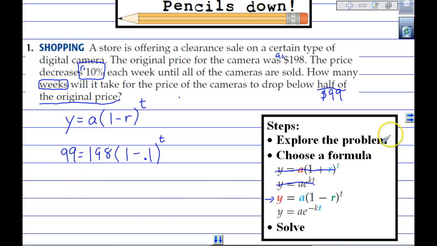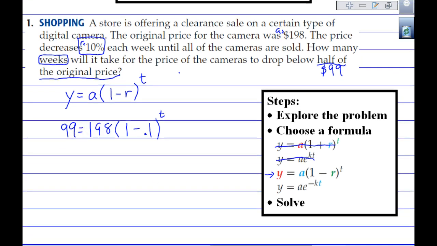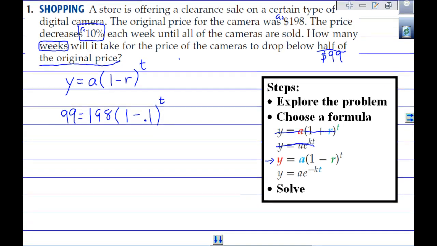Now we just need to solve. From this point on, it's just a regular old logarithm problem. Let's get the 198 to the other side by dividing both sides by 198. We'll have 99 over 198 equals 1 minus 0.1, which is 0.9, to the t. Take the log of both sides.